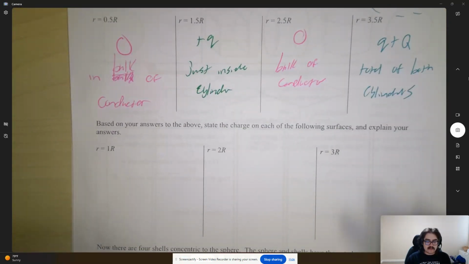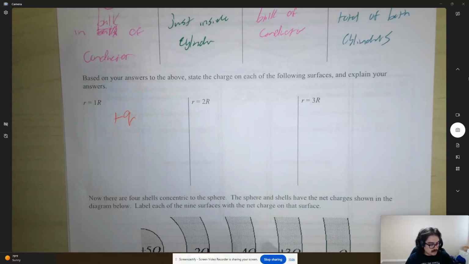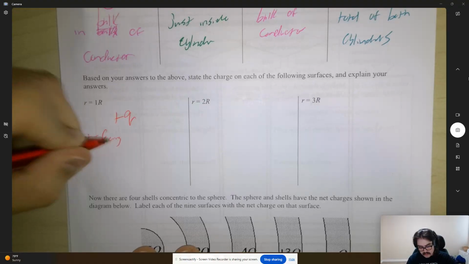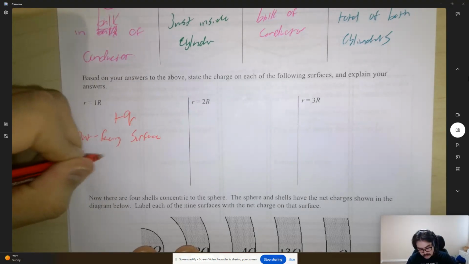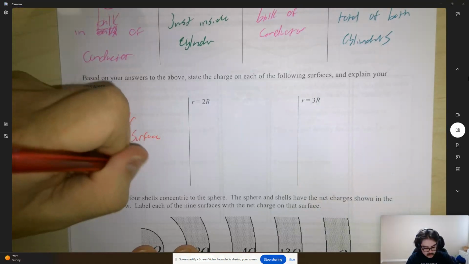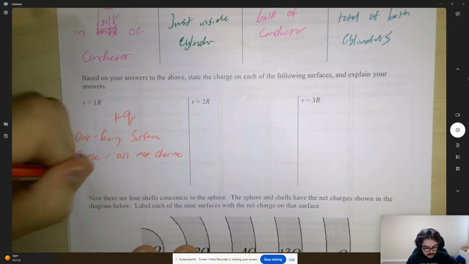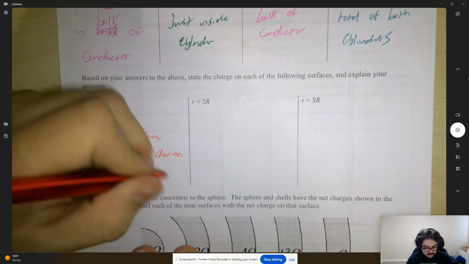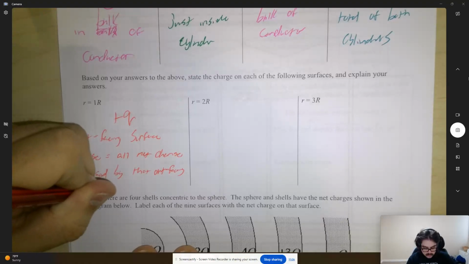The inner cylinder is going to have a charge of positive q, because the outfacing surface charge equals the net charge enclosed by that outfacing surface.